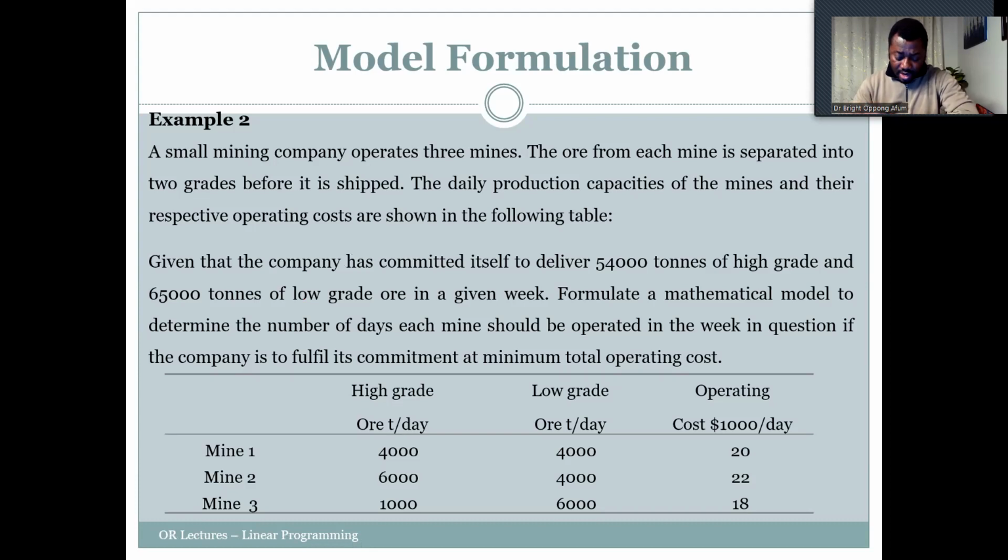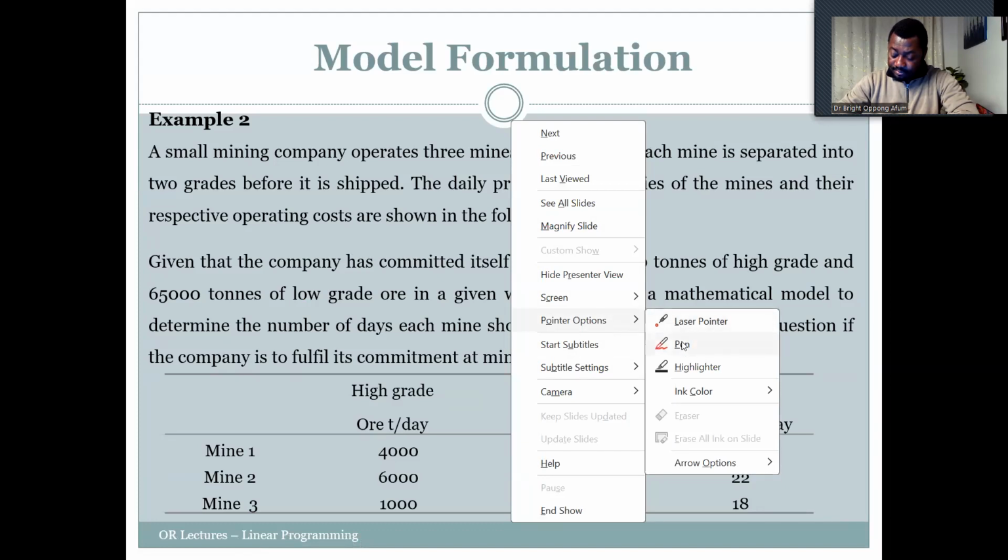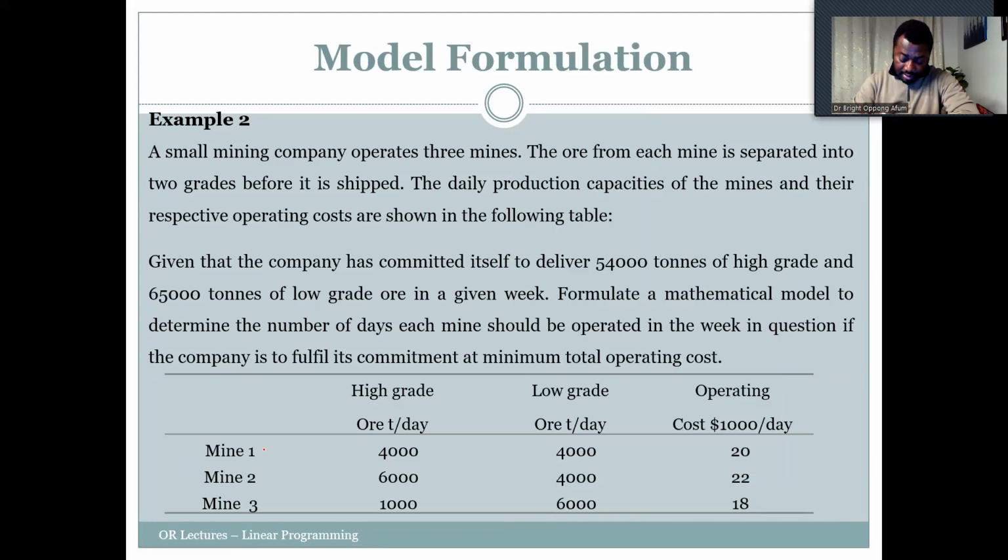So, mine 1 is producing 4,000 tons of high grade ore per day. Mine 2 is producing 4,000 tons of low grade ore per day.